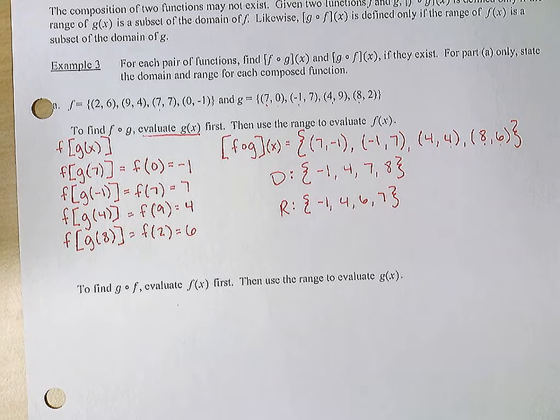It's just coordinate points. So that would be your domain and range for that composition of functions. Questions? Do you understand how I got each of those values? I tried to do it kind of slow.